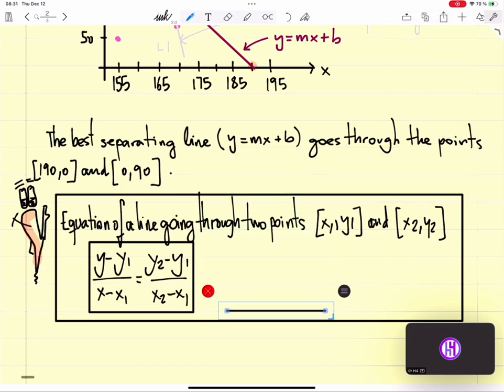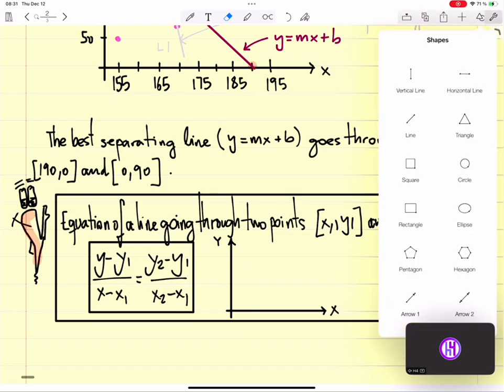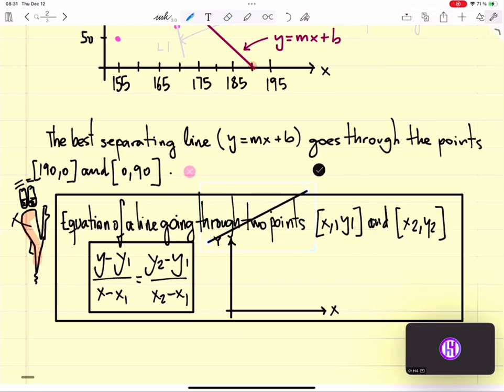This is the line, x, y, and the line goes through the points. So that's the equation of that line.